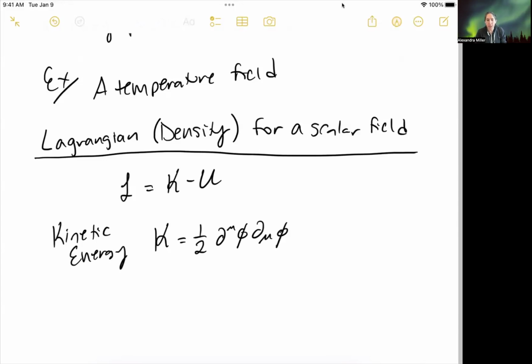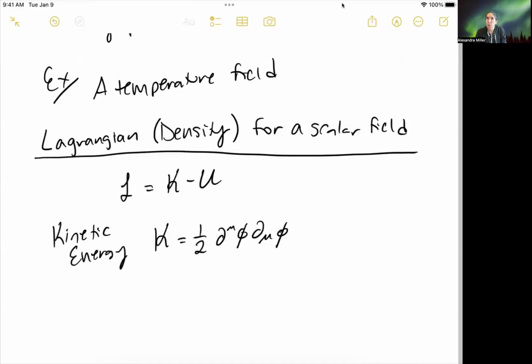I'm not proving it to you in this video that this is a reasonable thing to do, but it hopefully feels reasonable. So kinetic energy terms in general have to do with derivatives. Your kinetic energy is 1/2 mv squared. It's the derivative of your position. So our kinetic energy term in our field theory is also going to have to do something with derivatives.